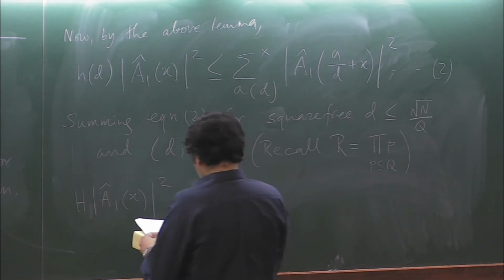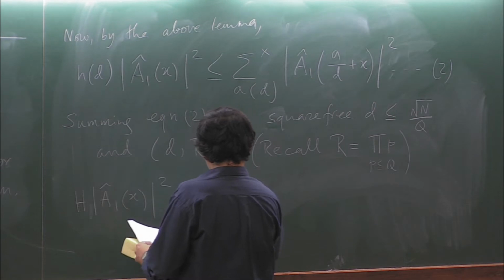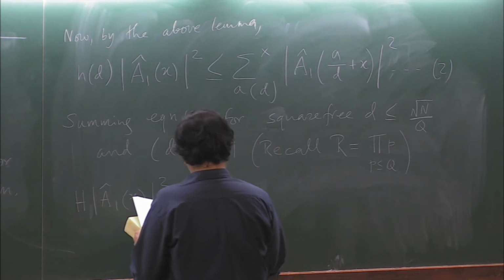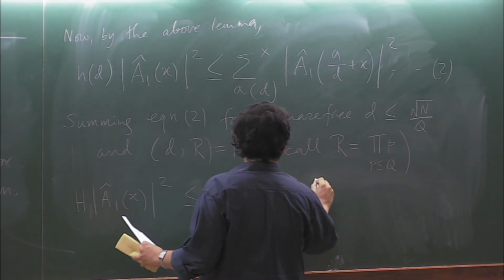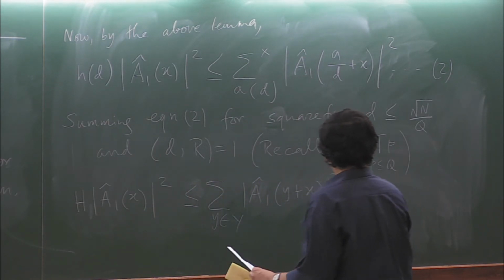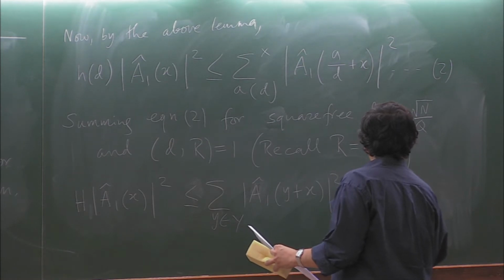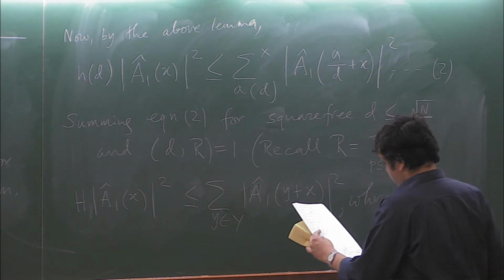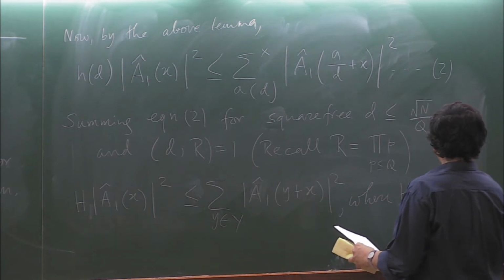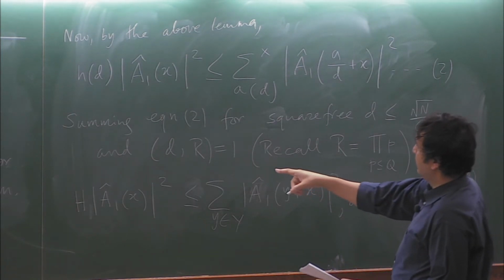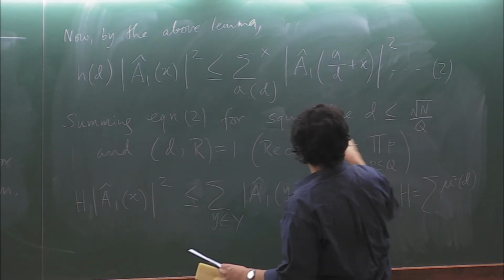So this is the sum over y in Y of |A1 hat(y + x)| whole square, where capital H is the sum. Since I'm summing over square free d, there is a mu square d, and h_d is 1 by phi of d.